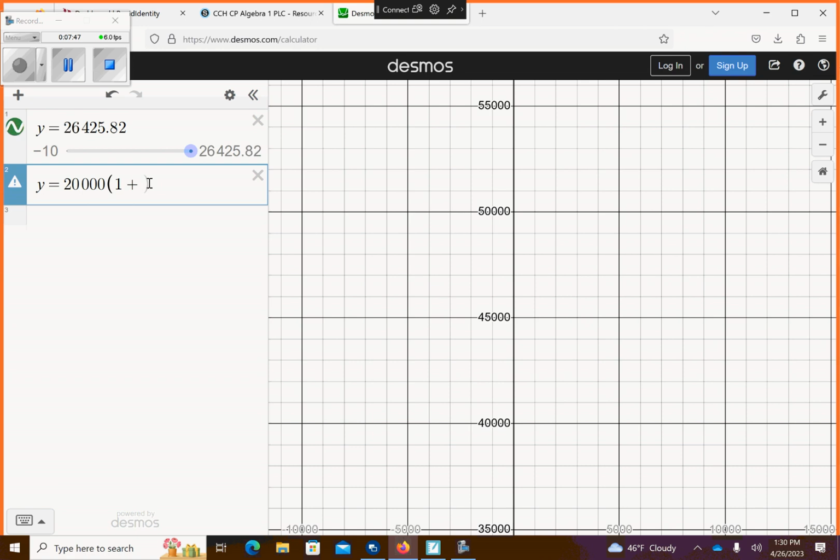We don't know what r is, so that's going to be x divided by n, or x divided by 4, excuse me. And then we're going to raise that to the 4 times 7, so 28.